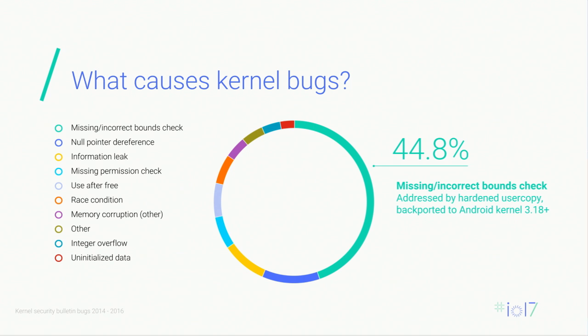So we presented this exact same data to the Linux upstream community and to ARM last year. And to their credit, they were super responsive. Within a couple of months, they gave us a feature called hardened user copy that addresses this entire category of kernel bugs. So we have since then backported hardened user copy to the Android kernels 3.18 and above.